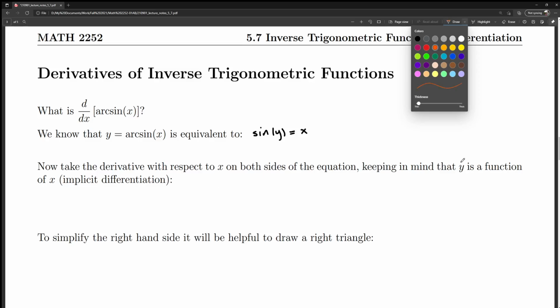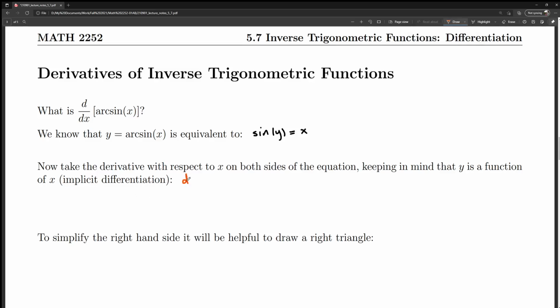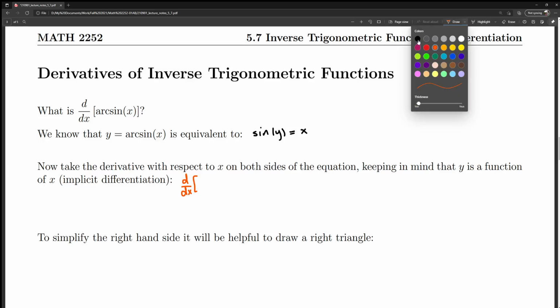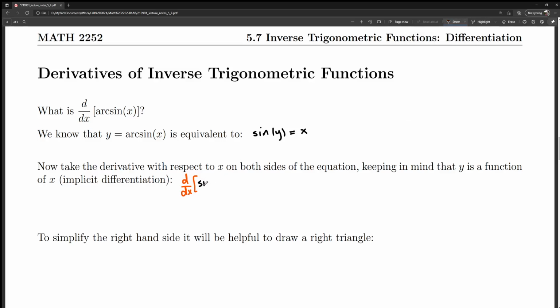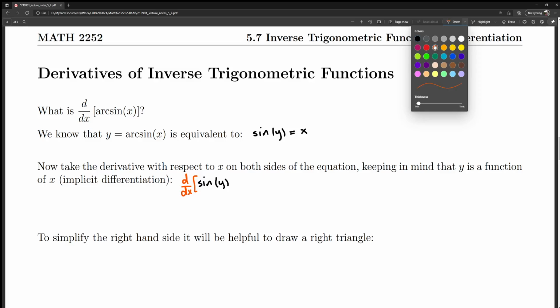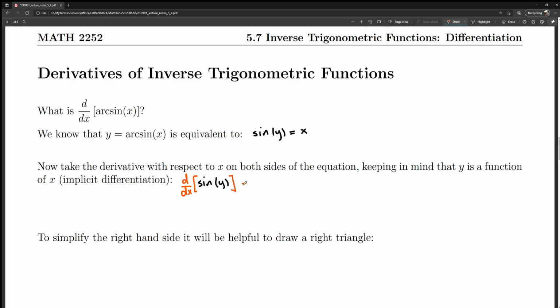Now, let's take the derivative of this expression on both sides with respect to x. We do have to keep in mind that y is a function of x, so we're going to have to use some implicit differentiation. So we take d/dx of sine of y, and on the other hand, we take d/dx of x.